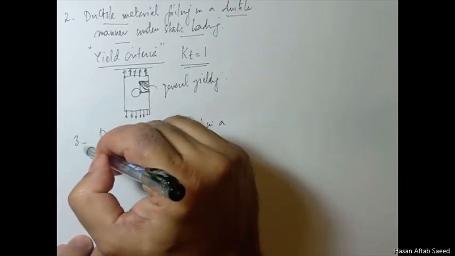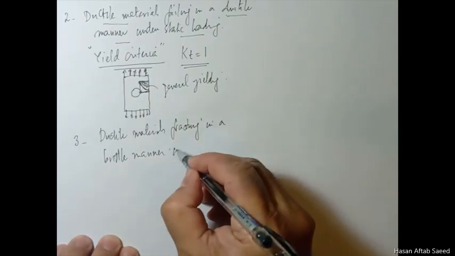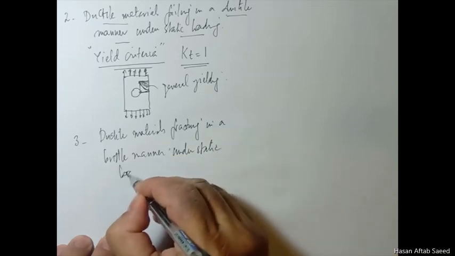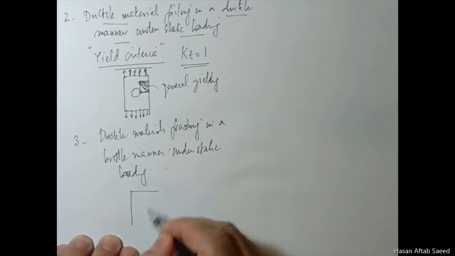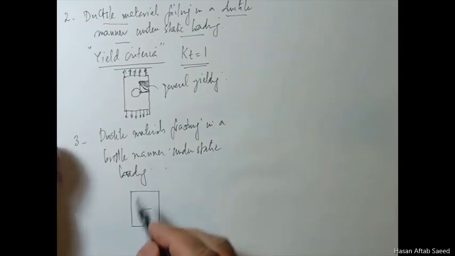What we are discussing in the third case is ductile material fracturing in a brittle manner, again under static loading. If you recall, now I'm talking about this sort of situation. We extensively dealt with these situations when there's a crack.